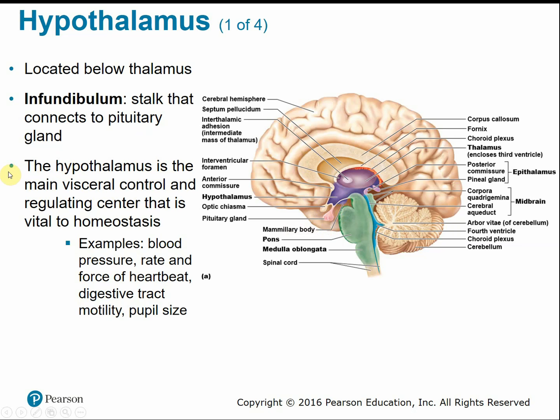The hypothalamus is our main visceral control, your digestive control, your autonomic functions, and regulating centers to maintain homeostasis. Things like blood pressure, heart rate, digestive activity, pupil size, all of these autonomic functions can be regulated by the hypothalamus.